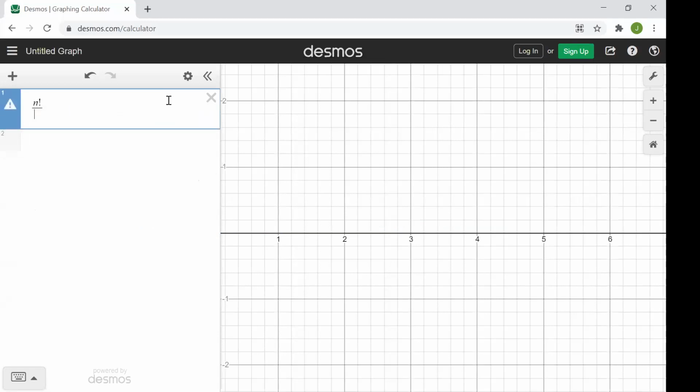N factorial over X factorial times, notice that button popped up. I'm not going to click it yet. I'll click it in a little bit. N minus X factorial.